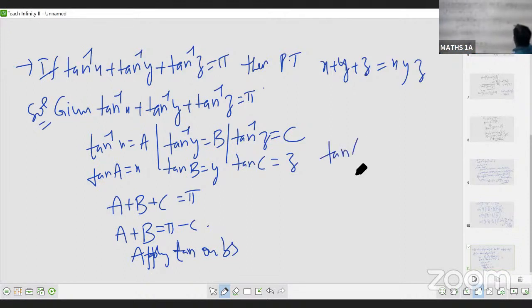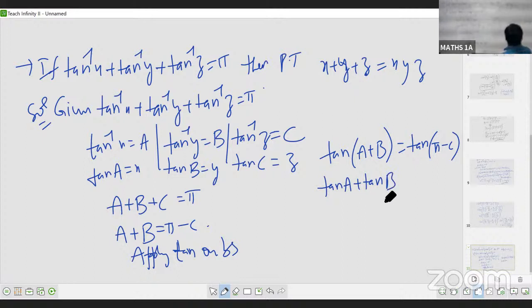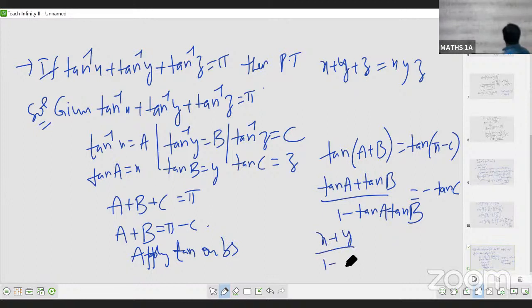Tan of a plus b equal to tan of 180 minus c. Tan a plus tan b by 1 minus tan a tan b equals minus tan c, since tan of 180 minus theta is minus tan theta. So x plus y by 1 minus xy equal to minus z.